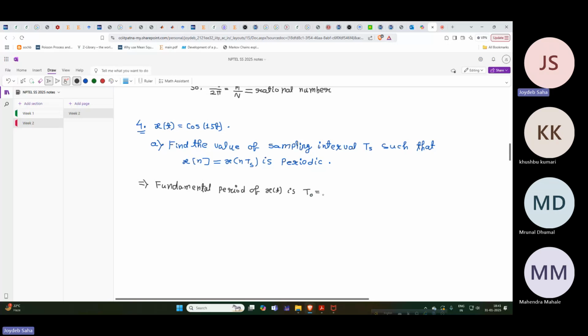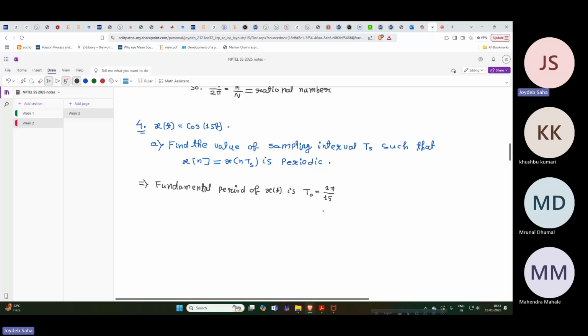It is 2 pi by 15, right? Because omega 0 is 15. So this is the fundamental period.